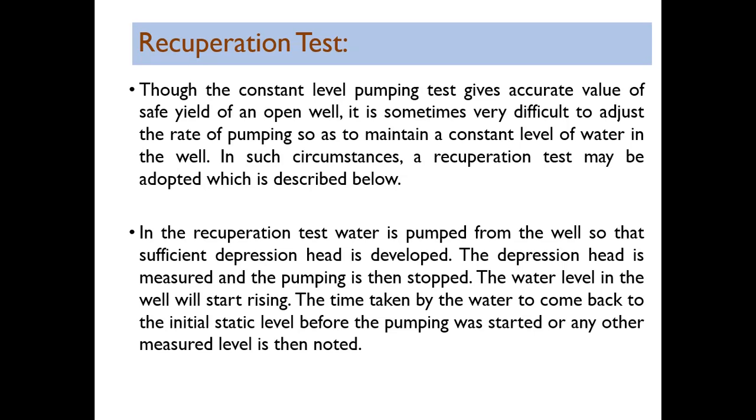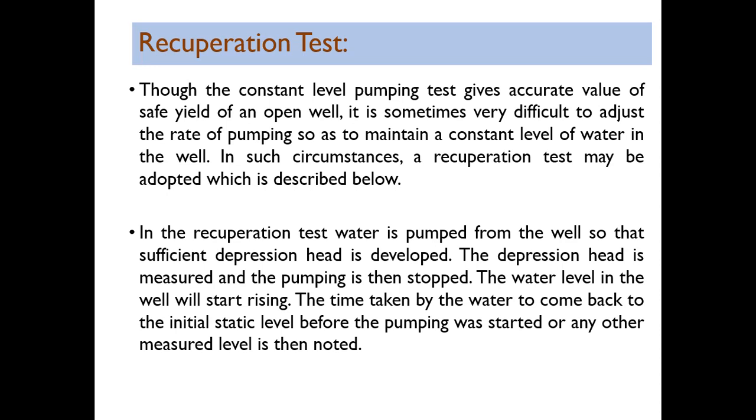In the previous test, that is the constant level pumping test, we discussed that initially, with the help of a good capacity pumping set, the water is withdrawn at a higher rate. Afterwards, after achieving a certain level, the pumping rate is adjusted in such a way that inflow equals outflow, and that outflow gives you the discharge with the help of a special arrangement.